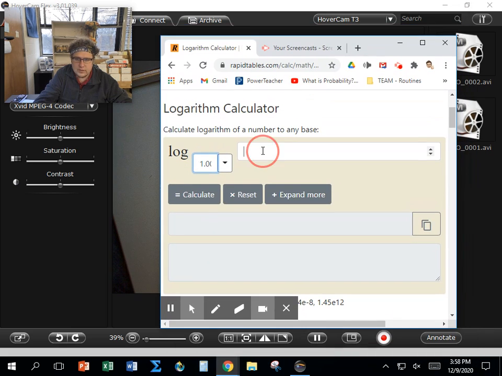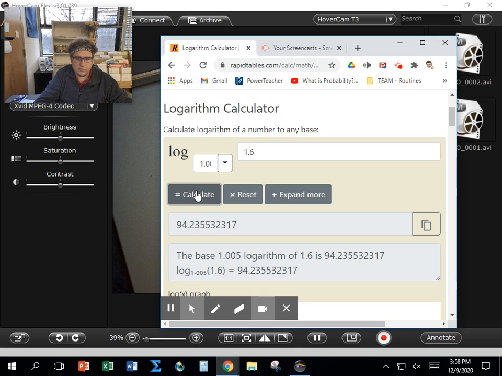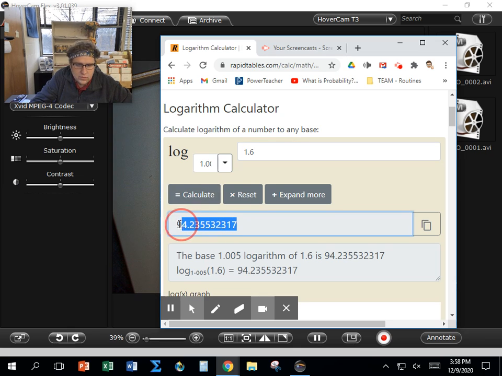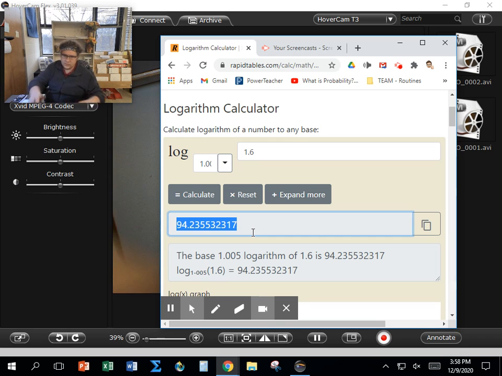So we're recreating this logarithm, 1.6, and we're going to say calculate. So from that, we know to replace the logarithm with 94.2355323317, the whole 9 yards. Okay, so I'm going to write that down in where the logarithm was on the left-hand side, and I'll show you in a second. I'm just copying down the log here, and that's all equal to 12t.